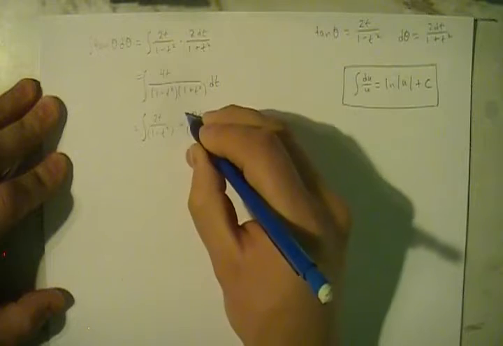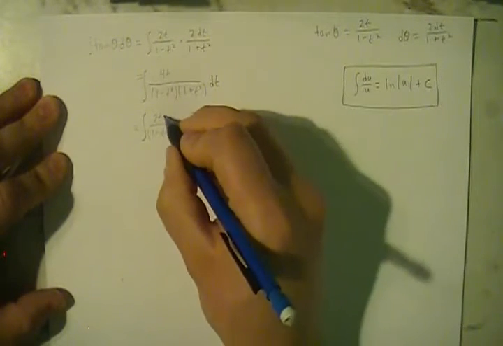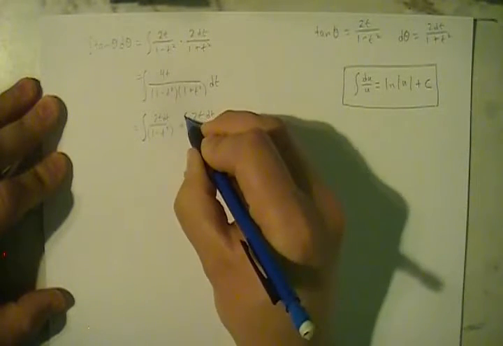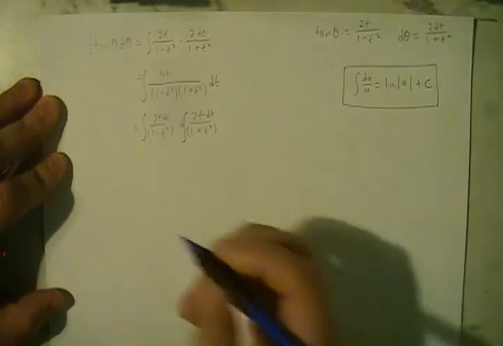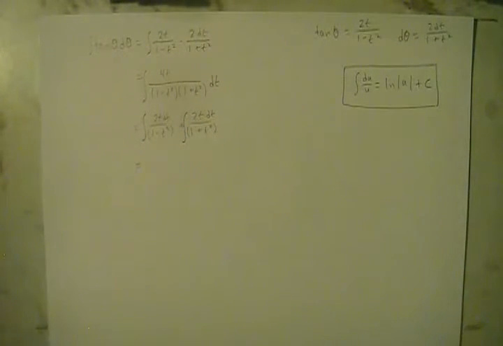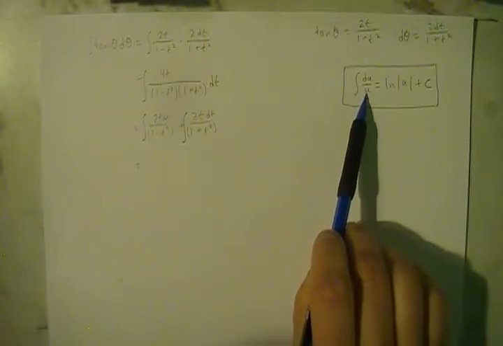So I can see this as being two separate integrals. I can distribute the integral in. So I guess I could write that 2t dt. I'll write the integral there. Sorry, it's a little cramped. I could have written that better, but okay. So now we want to notice that we're going to use our integral here.